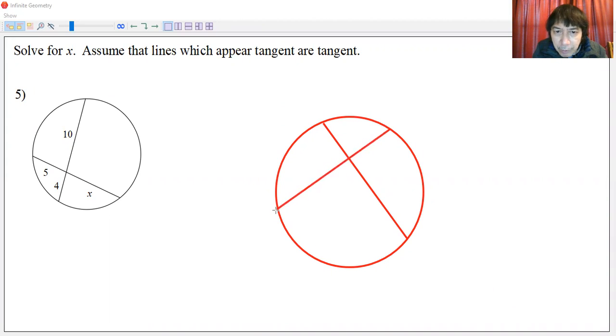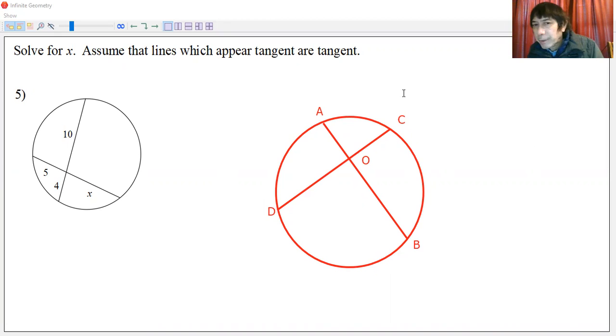Then we put some labels so we can describe the formula. Let's put here A, here B, here C, and here D. The intersection of these chords, let's just mark it, say O.